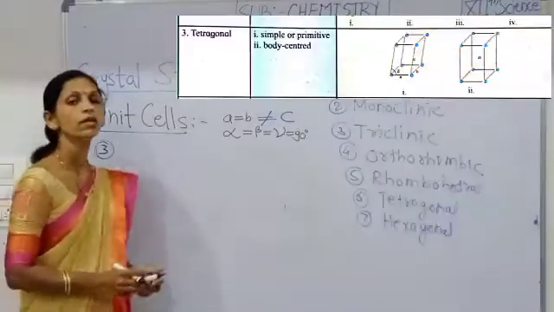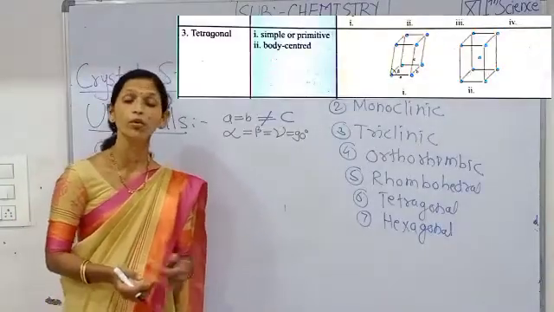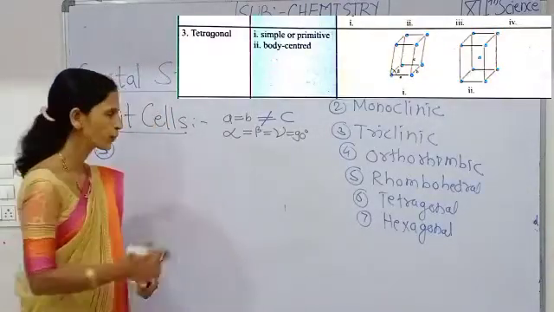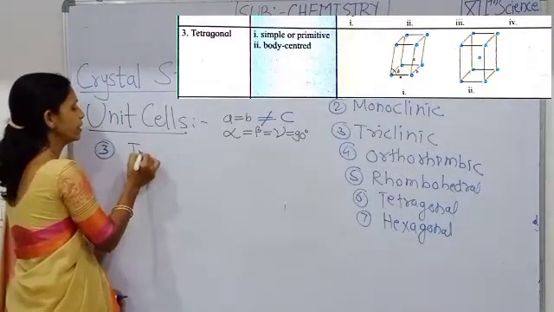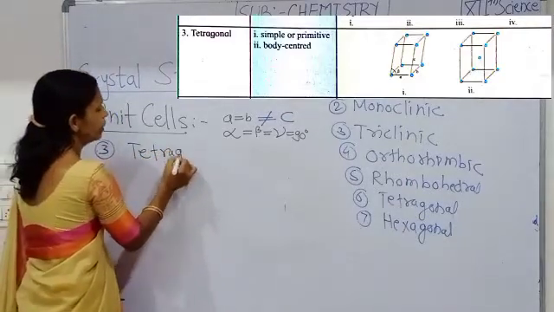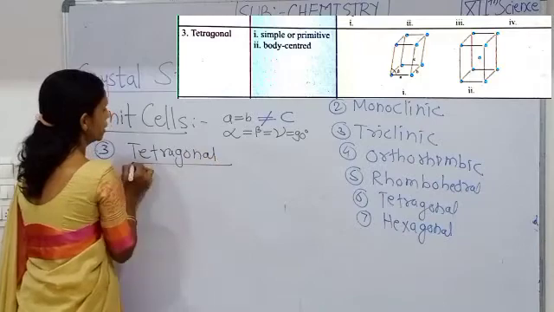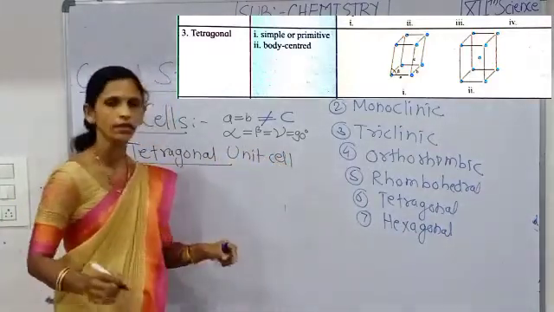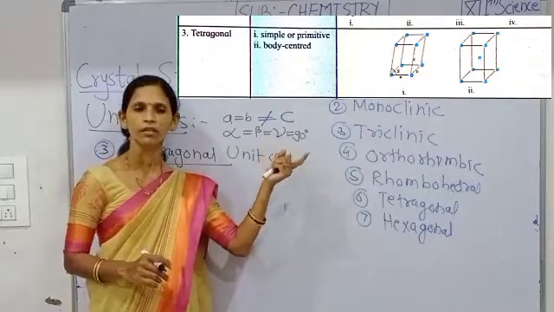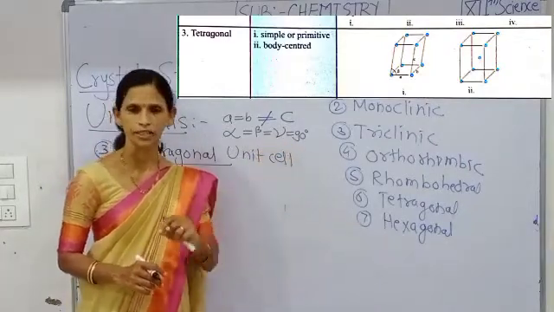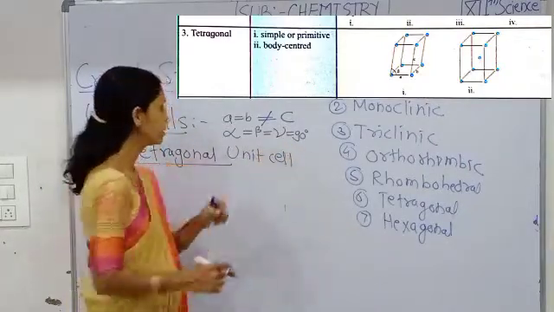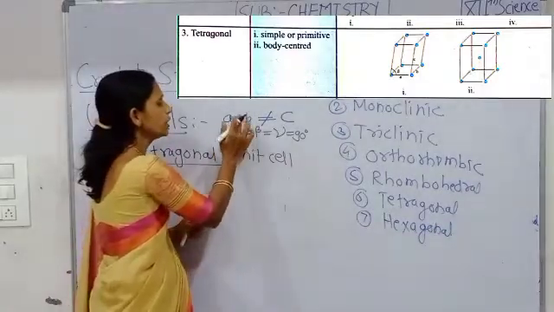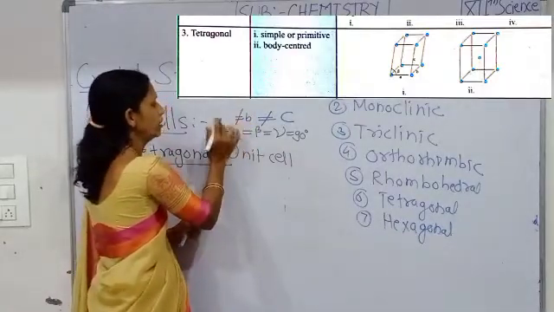Then see here, one more type of unit cell, that is the tetragonal unit cell. Observe the figure of the tetragonal unit cell, in which all 3 sides are not equal.